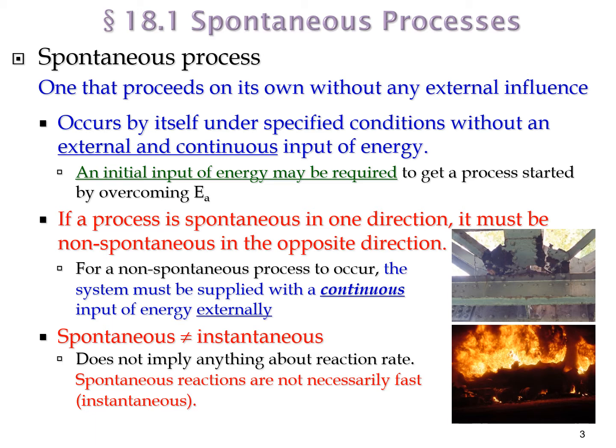So that's the difference. Diamond turning into graphite is a spontaneous process. It will happen. For how long? From the point of thermodynamics, we don't care. How fast it is belongs to kinetics. I just want you guys to understand the difference between these two different processes, spontaneous versus instantaneous.